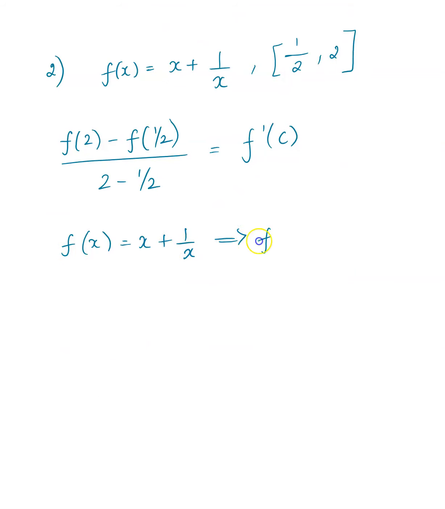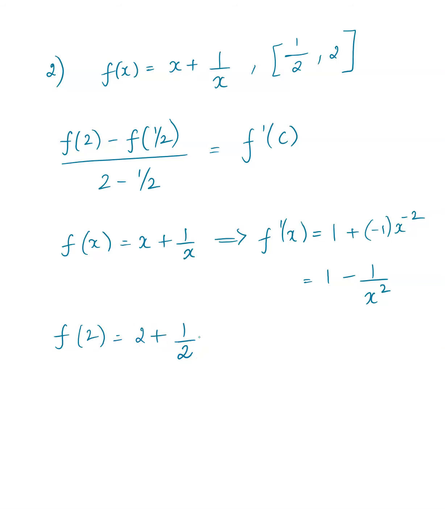and its derivative. That's going to be 1, derivative of x is 1, plus, rewrite this 1 over x as x power negative 1. We've done this before in a previous lecture. So negative 1 x power negative 2, which is 1 minus 1 over x squared. And then f of 2 will be 2 plus 1 over 2.